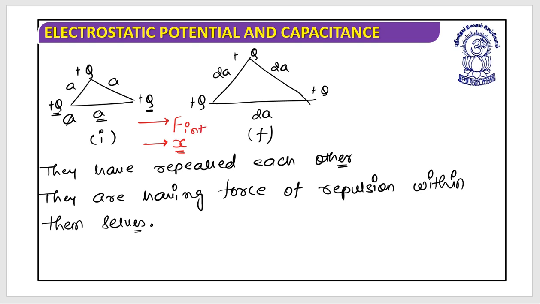Now the angle between the internal force and the displacement, go through the work power energy class 11 unit number 5, it is the same. So the work done due to internal force should be positive in this case.